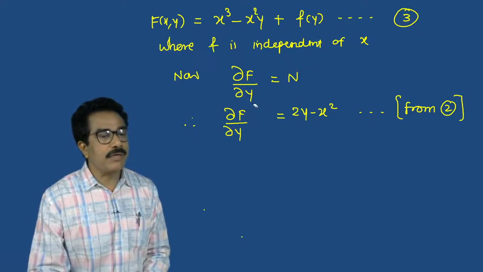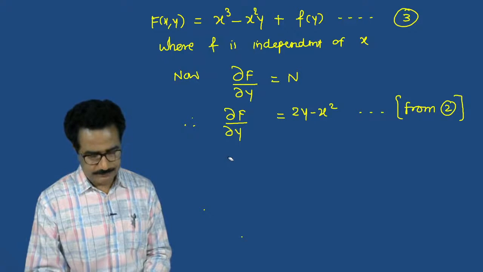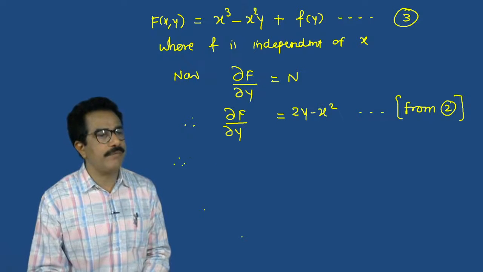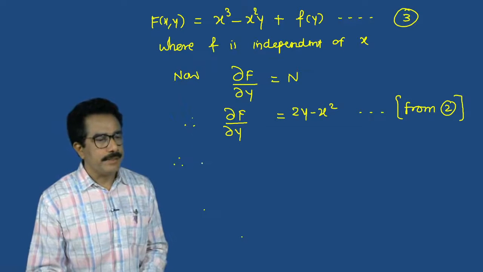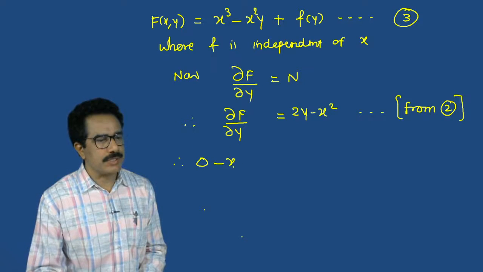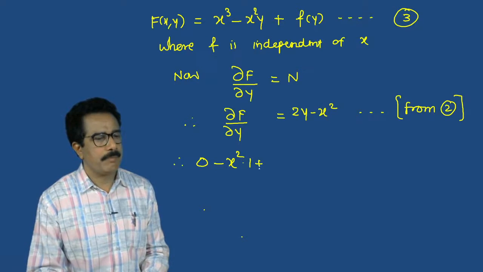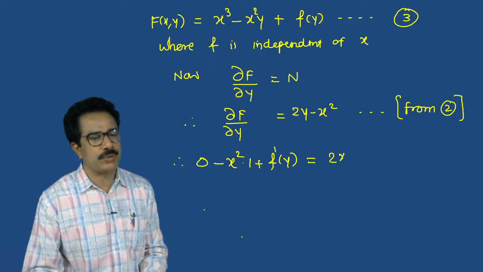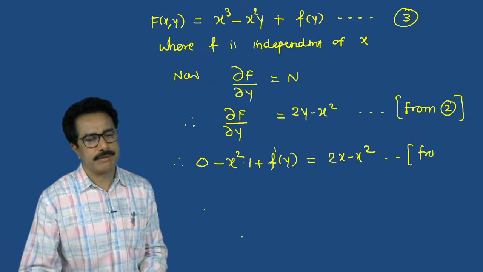But we can calculate ∂F/∂y from equation 3. Let us see what comes: 0 minus x square into 1 plus f dash of y equals 2y minus x square.